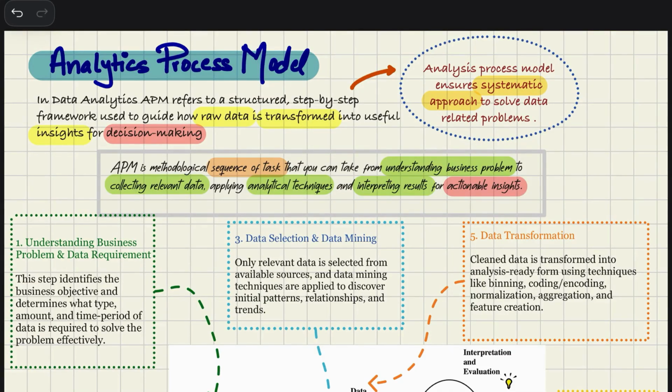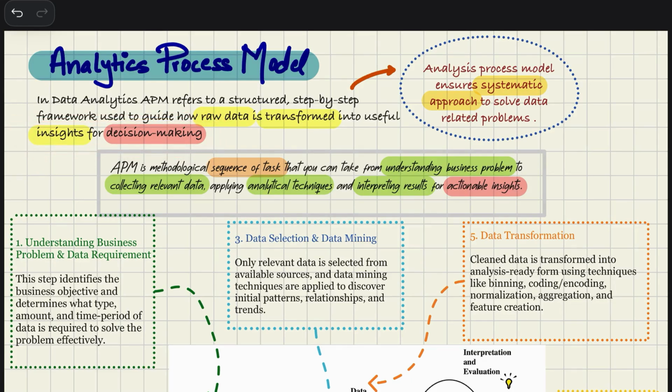Alright guys, when you're working as a data professional, you don't just jump into coding or writing SQL queries. You follow a structured step-by-step process to convert the raw data into gold. That process is known as the analytic process model. It refers to a structured step-by-step framework which guides us on how raw data is transformed into useful insight for decision making.